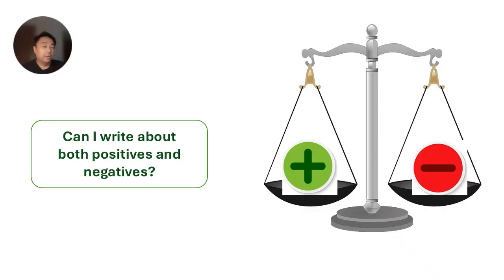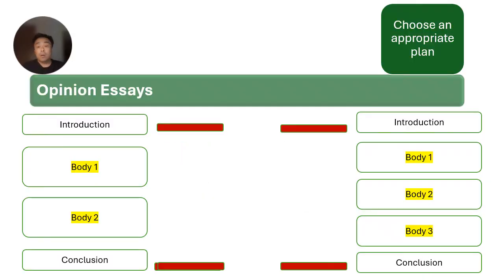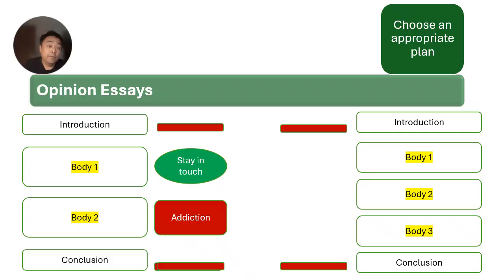So, what could it look like? Well, the simplest way of looking at both positives and negatives, but trying to give your opinion, is to do the following. Present one positive. You can say some people say this, or you could admit that you view this as positive. And then you present what you feel is a negative, a separate idea.